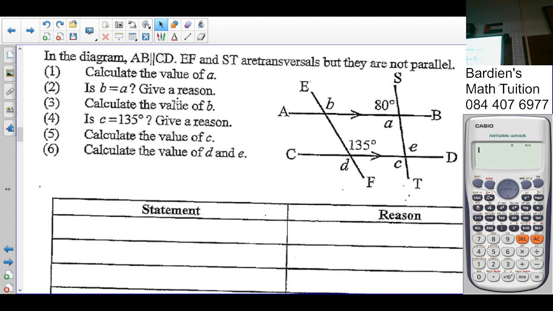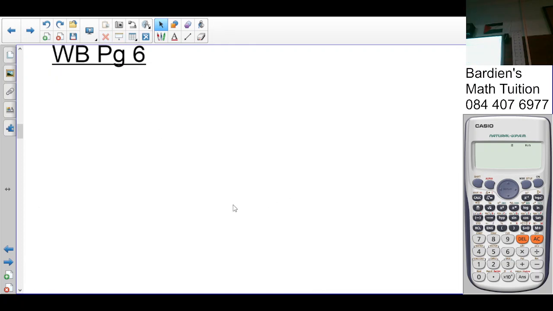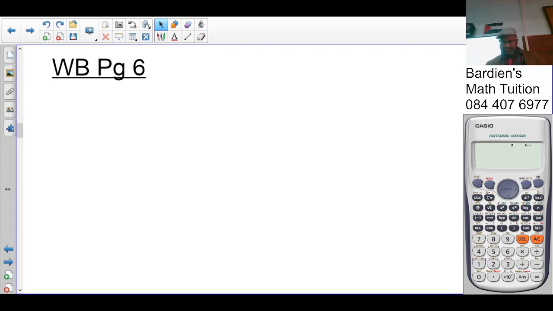Let's check if this is the correct diagram on page 6. No, so it's not. Let's just get the right one.